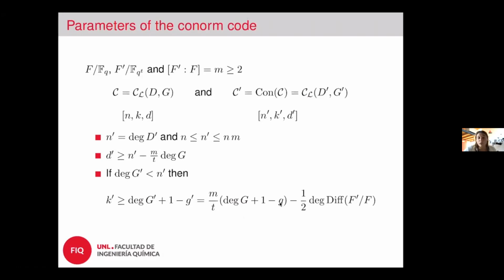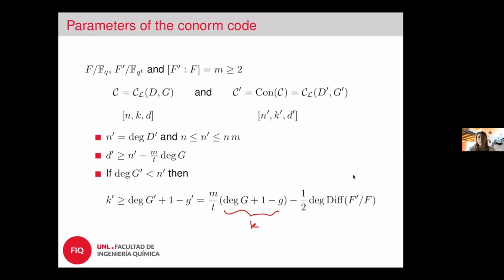And here, if the original code was a strong HG code, then this is exactly the dimension of the original code. And we can see that if we want to have a greater dimension, then we need to have poor ramification in order to have this degree of the different very, very low.